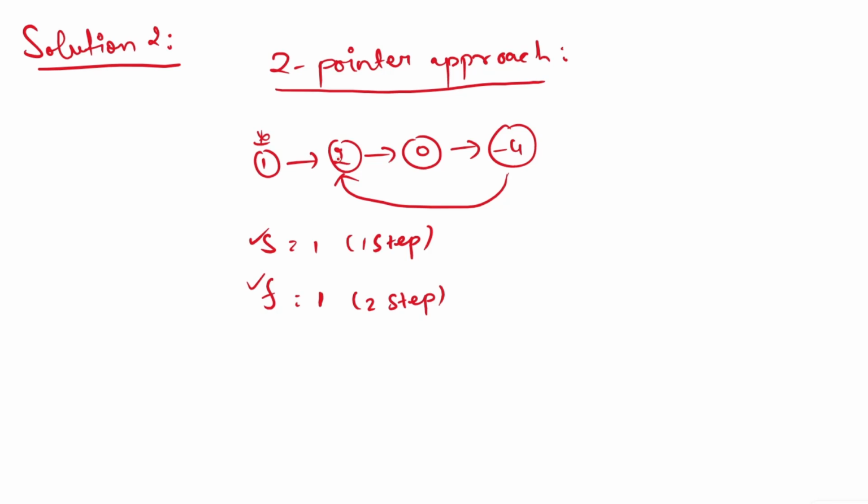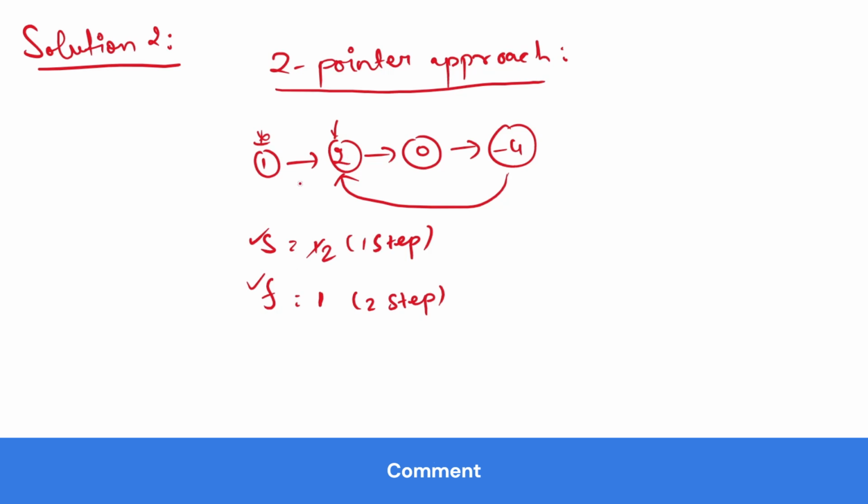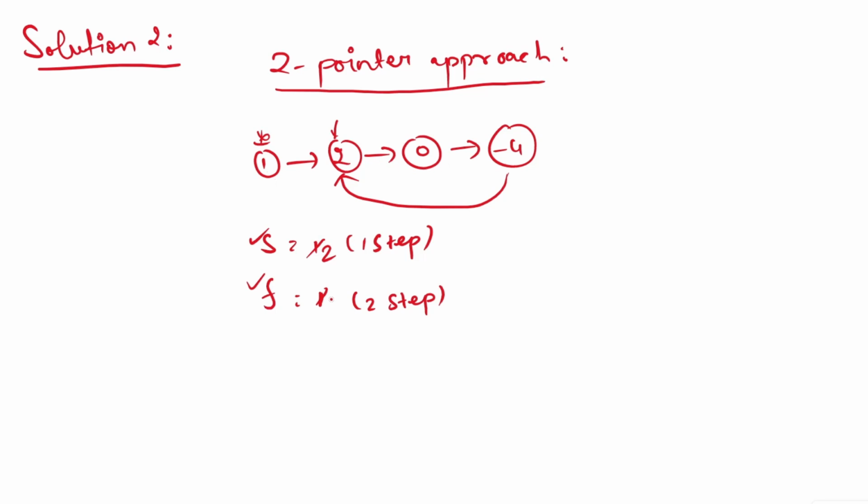At the first step, slow will be at 2 and fast will move 2 steps, 1 to 2 to 0, so it will be at 0. In the next iteration, slow is at 0 and it will go to -4, and fast will go from 0 to 2 to -4.